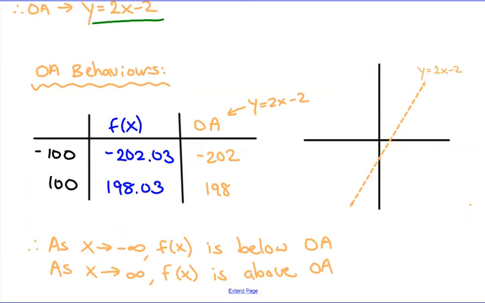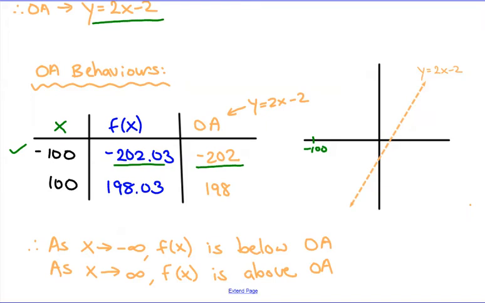linear line. Okay, and the way that we test is we're going to use some large and small x values. So this one is not really close to negative infinity, but it's a huge negative number. We're going to sub it into f of x and see where it is. So if I took negative 100, I'm going to sub it in to f of x and I get negative 202.03.